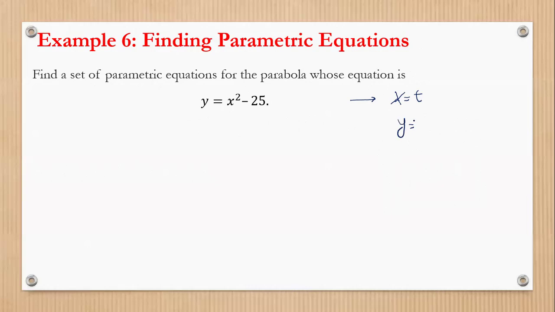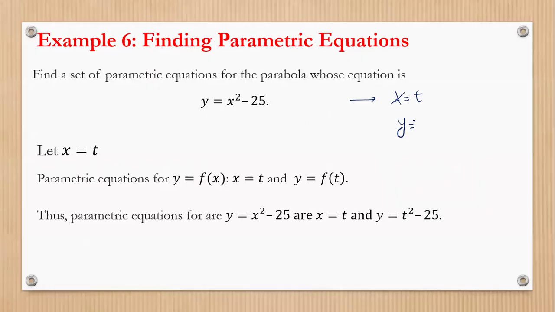If you replace the x by t, we get y equals t squared minus 25. That's it. So that's my first equation, and that's my second equation. These are the two parametric equations equal to the parabola equation.